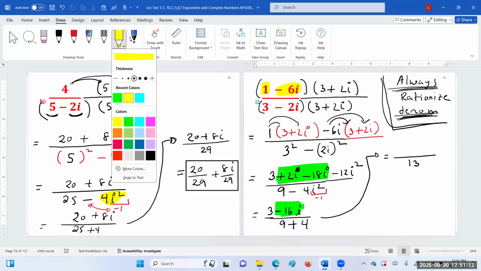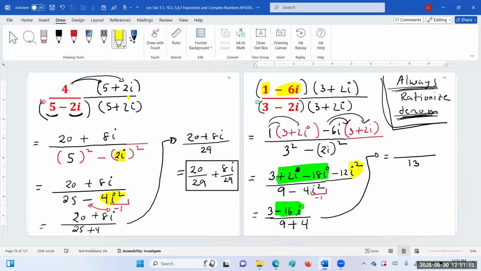And then what do you observe here? i squared means negative 1. So negative 12 times negative 1, what do you get? Plus 12. And then what do you observe on the numerator? Do you see any like terms? 3 and 12.